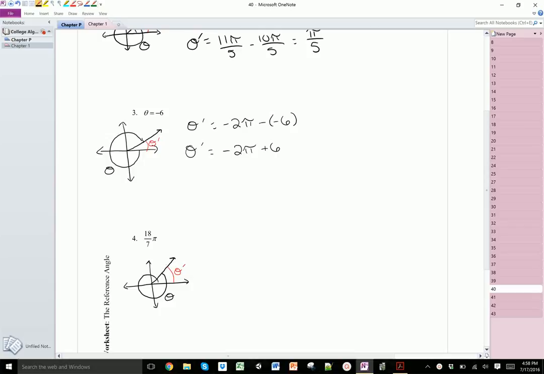I want to do theta minus 2 pi, so theta prime is equal to 18 pi over 7 minus 2 pi. So theta prime is equal to 18 pi over 7 minus 14 pi over 7. So theta prime is equal to 4 pi over 7.